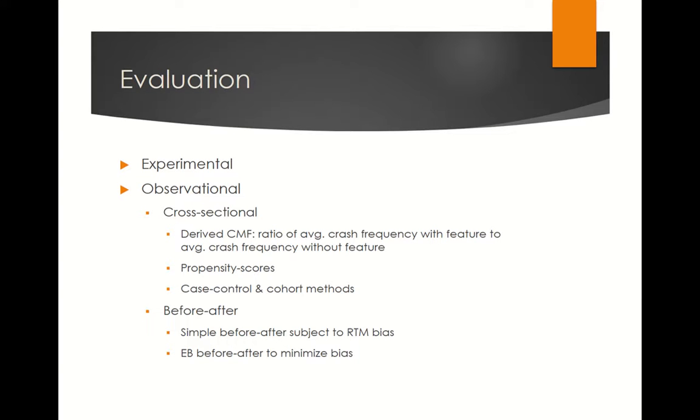There is potentially some bias with both of these, in the cross-sectional, so you may want to look at the EB before-after to minimize the bias. As with many of the other things we've discussed in this lecture, there are some excellent examples in the text, and I'm happy to follow up with you if you want additional experiences or exercises with any of those types of approaches.